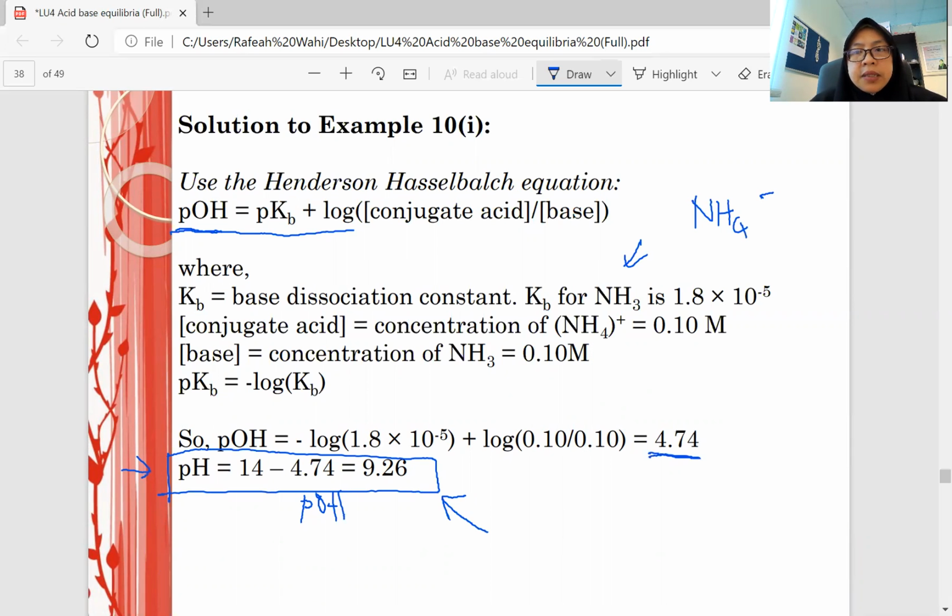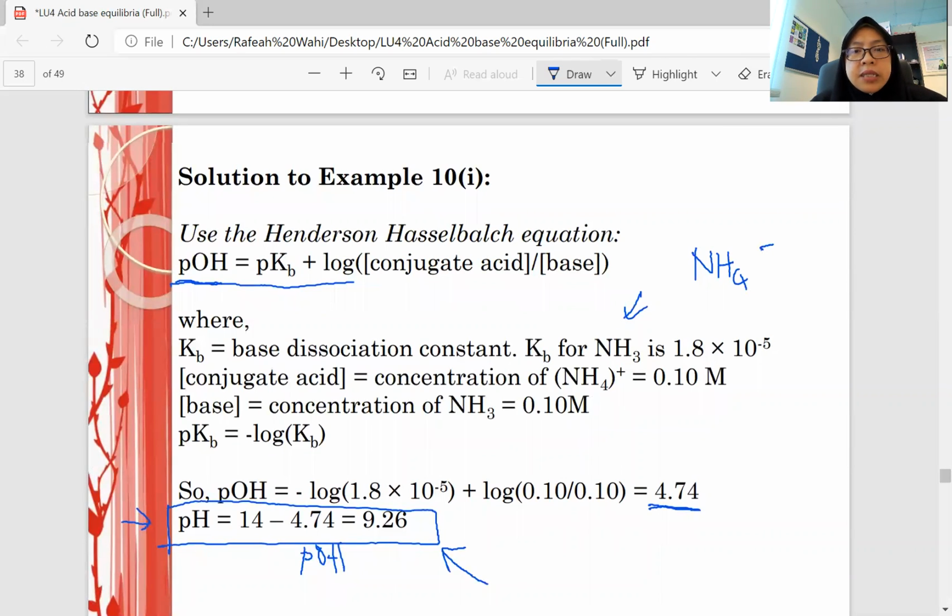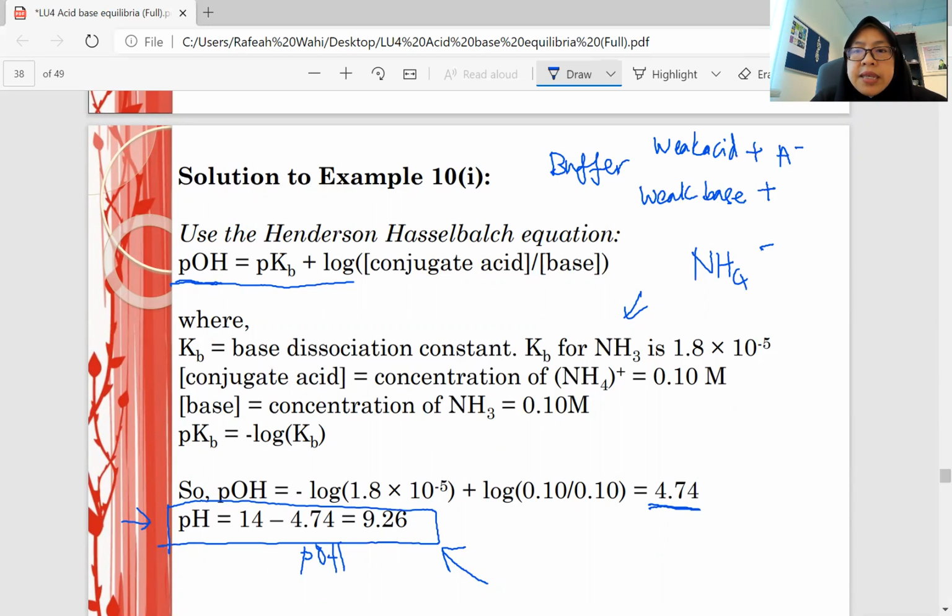So from this example and another example that we have discussed just now, we know that a buffer solution not only can consist of a weak acid in combination with its conjugate base, but also a weak base in combination with its conjugate acid.